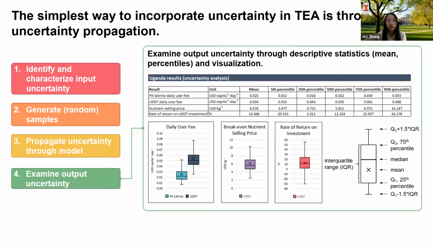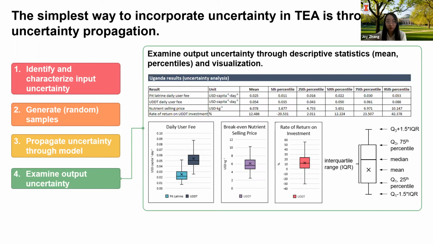The most commonly used ones are mean values, percentiles, standard deviations, for example. Another option is to visualize this empirical output distribution. Box plots is one of the most commonly used ones, and here I also put down the common interpretation of a box plot.